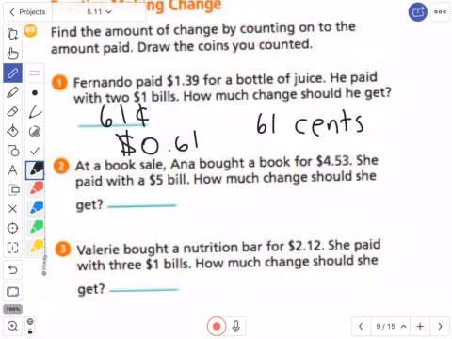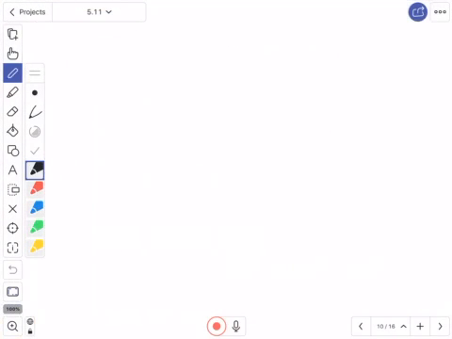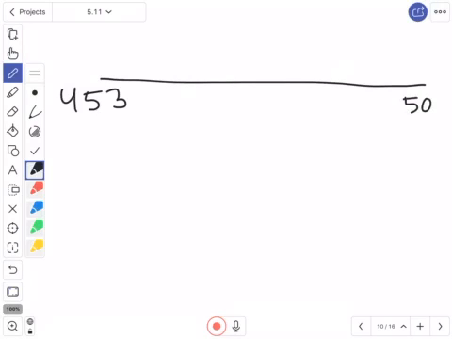The next way I'm going to do it like a number line. So it's $4.53 up to $5. So I'm going to just treat it like 453 up to 500. I'm going to do some jumps here. 10, 453 will change into 463. Do another 10.